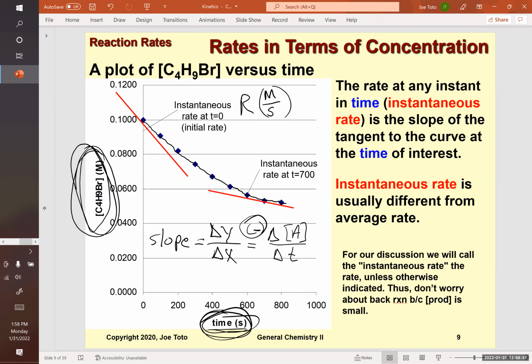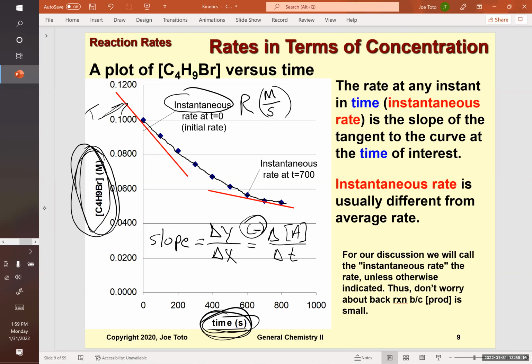Okay, so how do I get at that? Well, you probably have done this before in math classes. To find the slope of a line at a point, that's called the instantaneous slope, or instantaneous rate in this context. That would be the rate at some point in time. What is done when you have a curve is you draw a tangent.